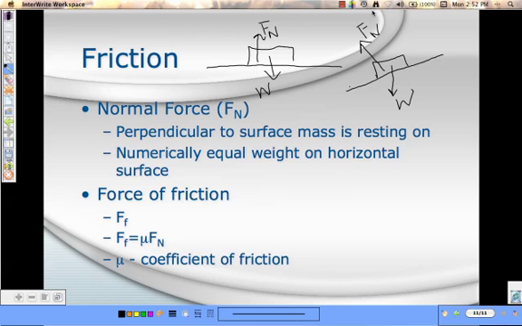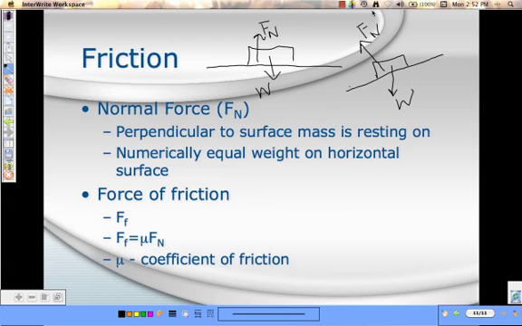And a coefficient of friction depends on the two surfaces that are in contact. So if we have two rough surfaces in contact with each other, the coefficient will be a lot higher. If we have two smooth surfaces in contact, the coefficient will be smaller. There's also a coefficient of kinetic friction and coefficient of static friction. So whether or not an object is moving is going to change the coefficient of friction.